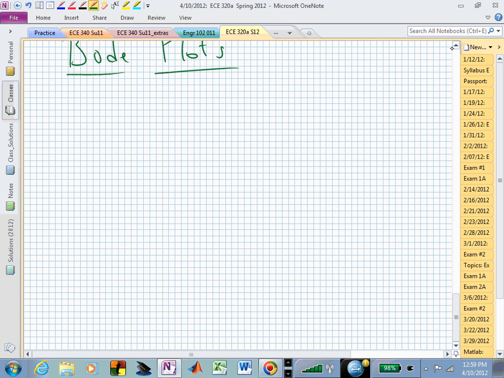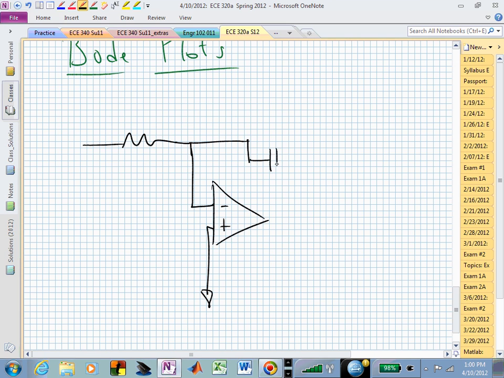To motivate this, suppose that we have the following, and this is somewhat of a review, but you now should be getting very comfortable with analyzing op-amp circuits. Say that's our load resistor.